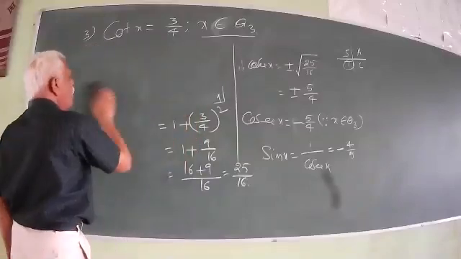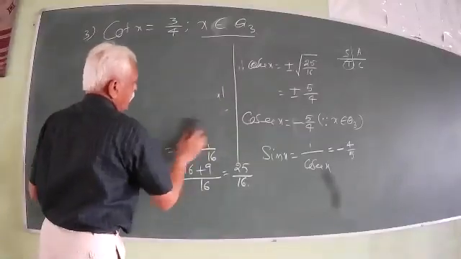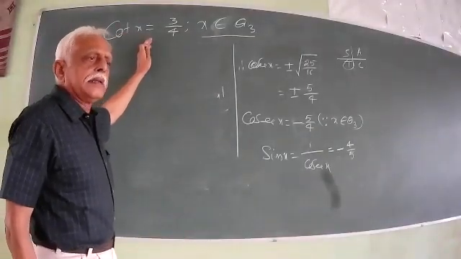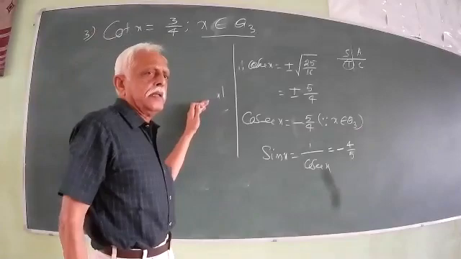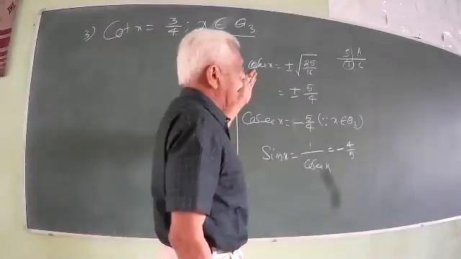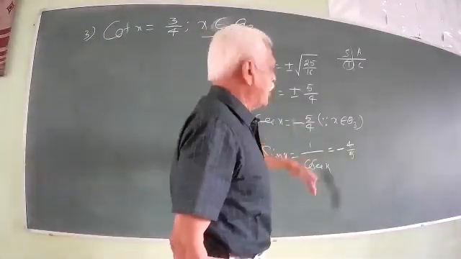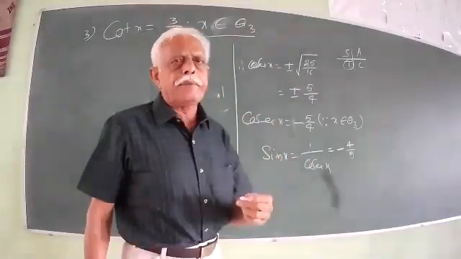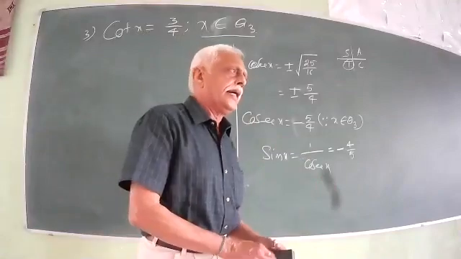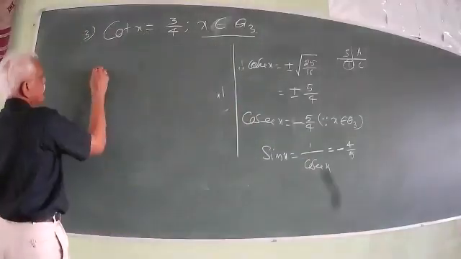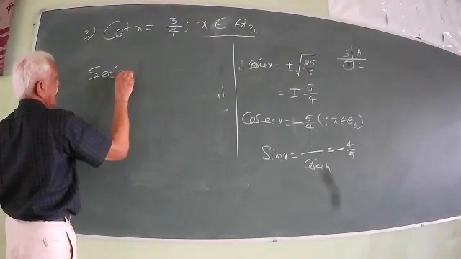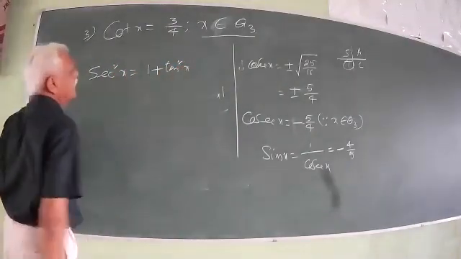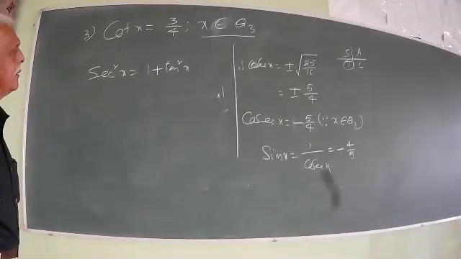Next, what we require: we already have 4 ratios. Cot is given, tan is the reciprocal of cot. Then we have determined cosecant x, and the reciprocal of cosecant x is sin. Now 2 more are left, cos and secant. Secant square x is equal to 1 plus tan square x.